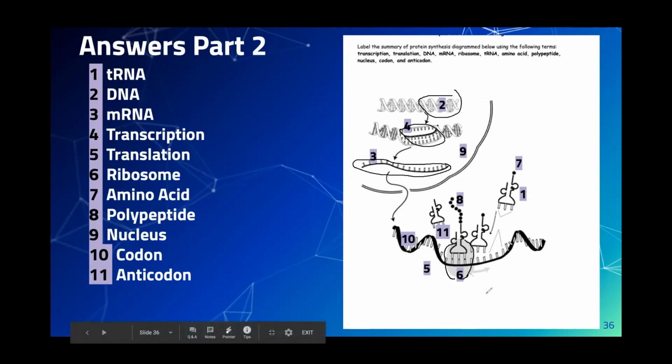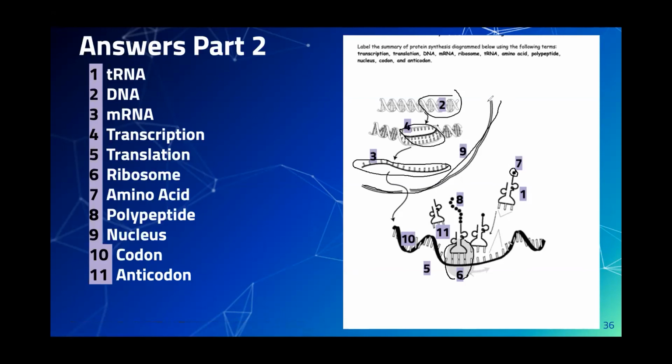Number seven is an amino acid. It's attached on top of the tRNA, and it is brought by the tRNA to the ribosome where it becomes a polypeptide, which is number 8. Number 9 is the nucleus. Basically, it's a line that represents the nucleus.